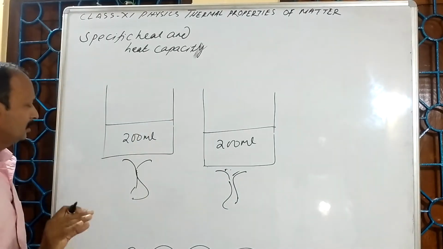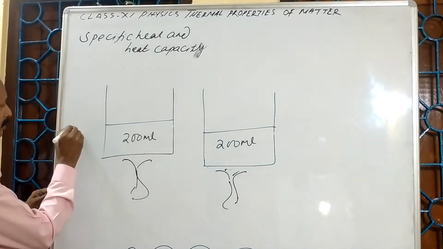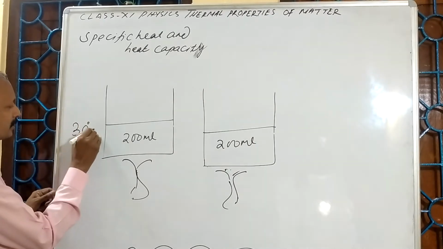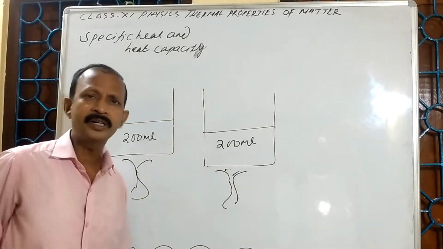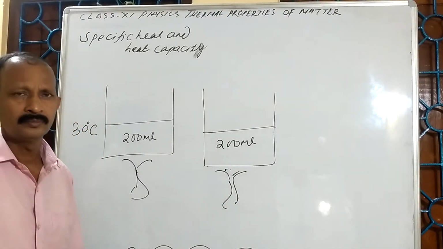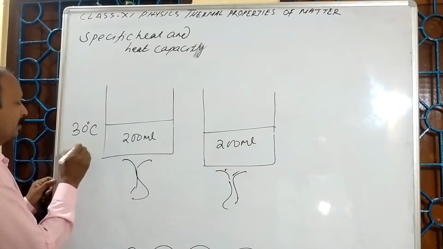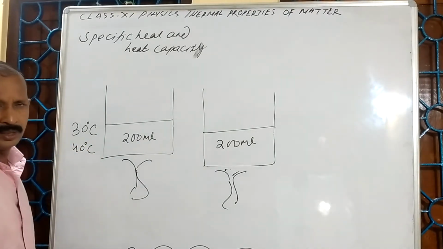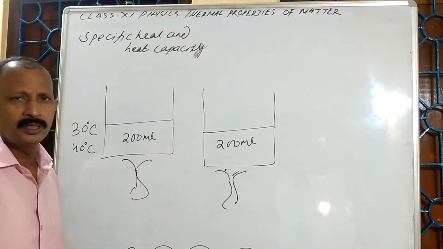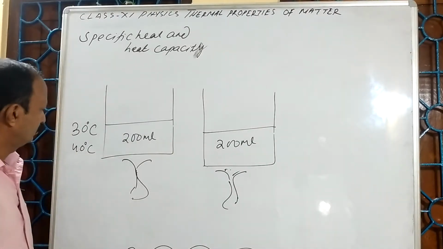At the beginning, you think its temperature is 30 degrees Celsius. You supply heat for certain time. For example, the temperature raised up to 40 degrees Celsius. You note down the time with the help of the stop clock.